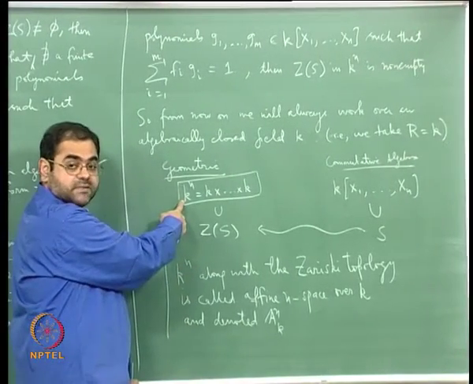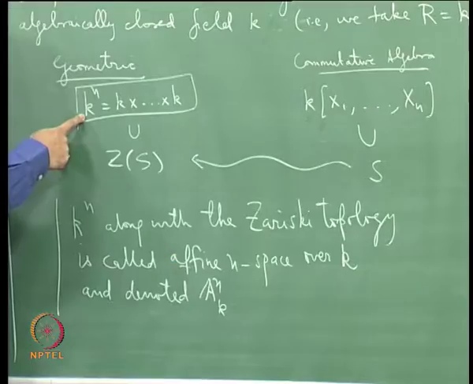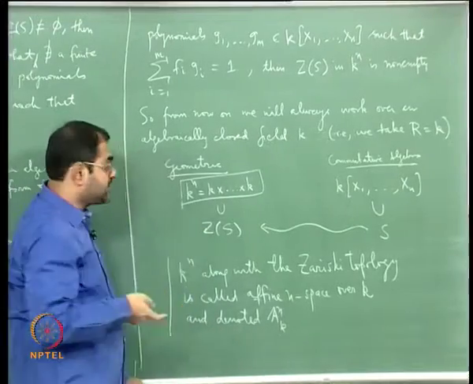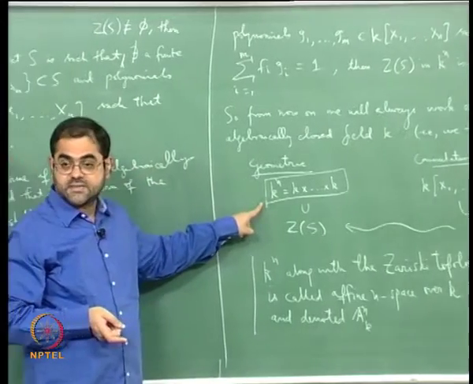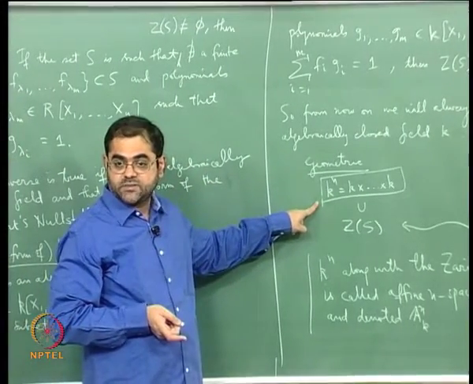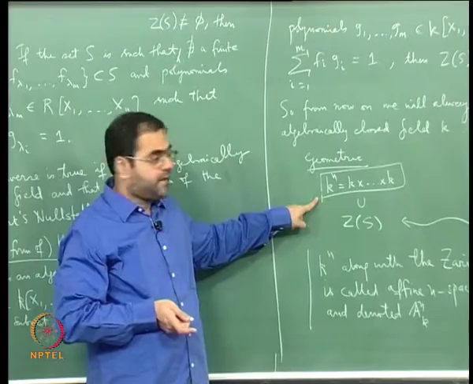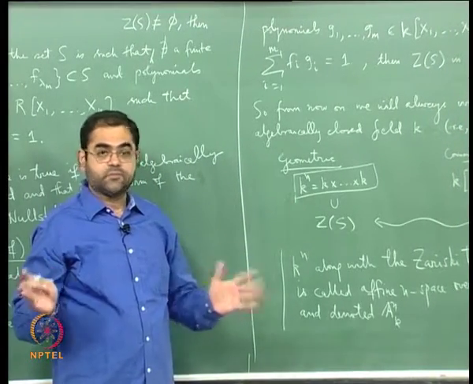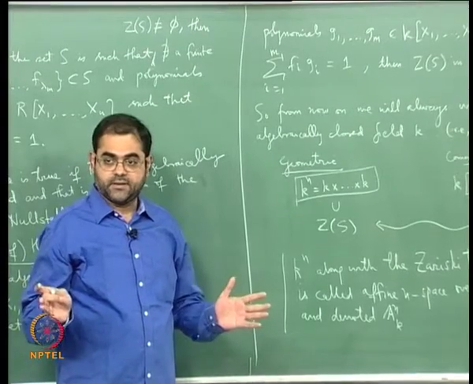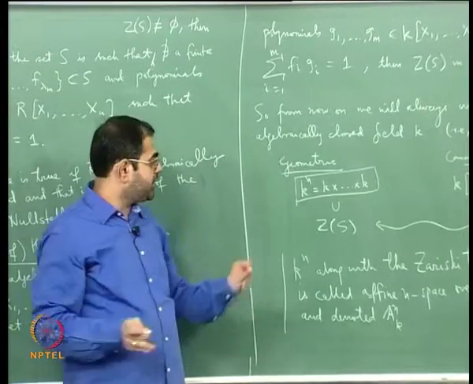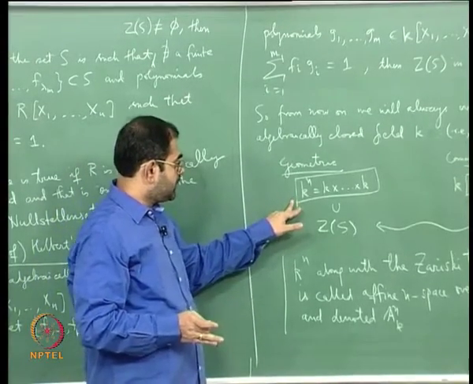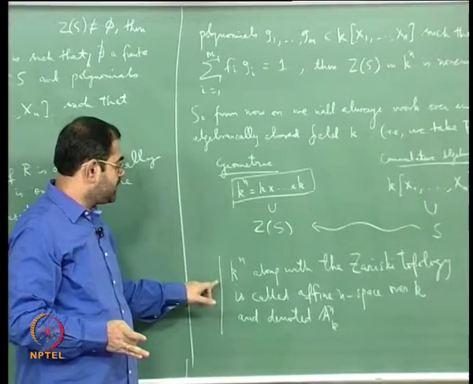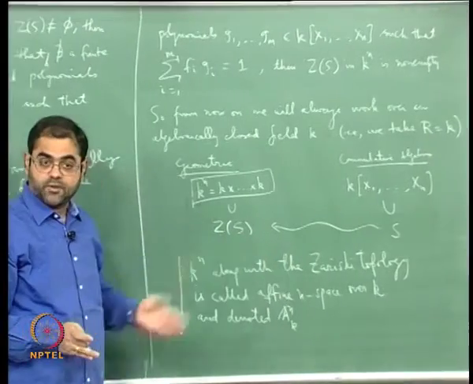which are the elements of this set capital S, and then you look at the set of common zeros in n-dimensional space over K. The important thing is that you should not think of this as a vector space; you should think of it as an affine space. You are not worried about the vector properties, the addition properties and so on, but rather topological properties, and these come from what is called the Zariski topology.